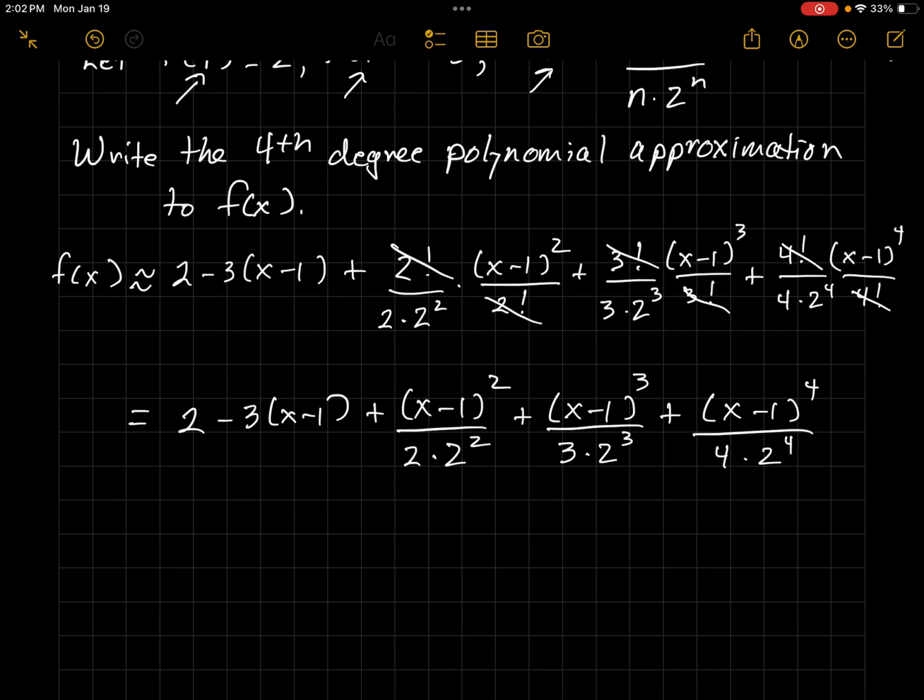So a follow-up question to this might be, what is an approximation for f of 2? And we'll assume that the series converges at x equals 2. So I plug in 2 for every x.